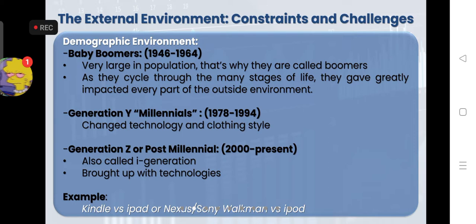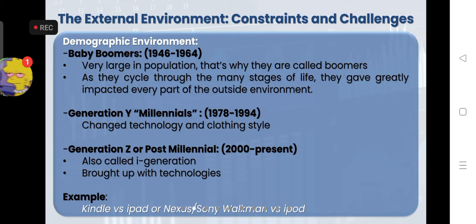However, this generation is also called the iGeneration, brought up with technologies, because primarily this generation grew up with technology that customizes everything to the individual. The best example is Kindle versus iPad, or Sony Walkman versus iPad. So these examples show different technology used in different generations.